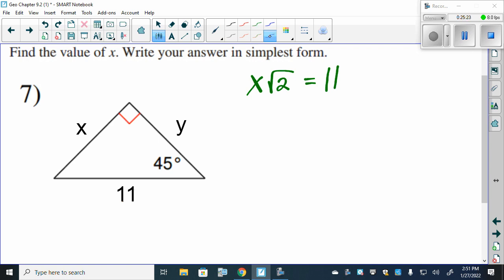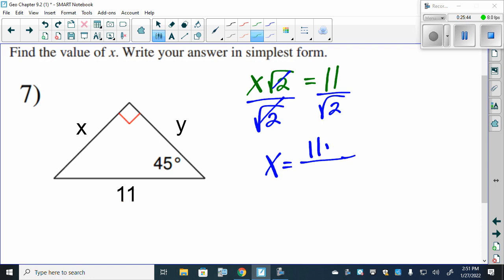So, like we've been doing, we've really been dividing the hypotenuse by the square root of 2. These will cancel. Well, if we type in 11 divided by the square root of 2, we get what? 11 square root of 2 over 2.